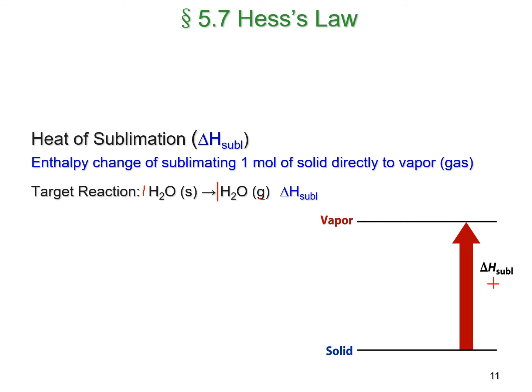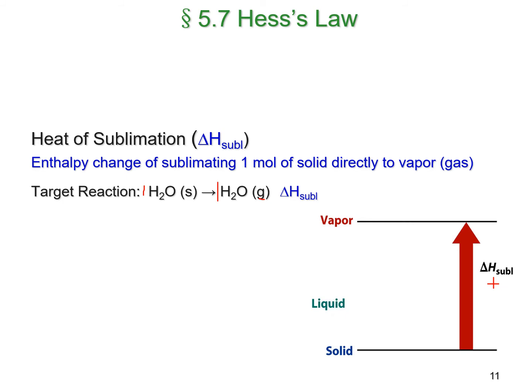Well, let's take a look at how we can figure out the delta H of this sublimation without doing any experiment. As you may recall, for a substance there are three states: solid, gas, which is vapor in this case, and one more, liquid. So I'm going to add liquid. Liquid has to be in the middle, because solid goes to liquid, and liquid goes to vapor.